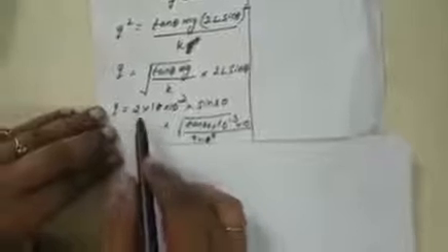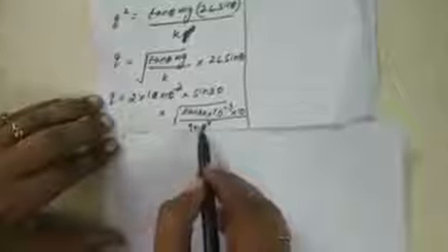Okay. So q is equal to 2 into 10 power minus 2 sin 30 into root of tan 30 into 10 power minus 3 into 10 divided by 9 into 10 power 9.